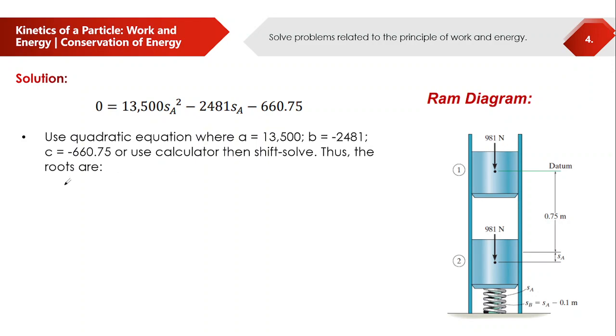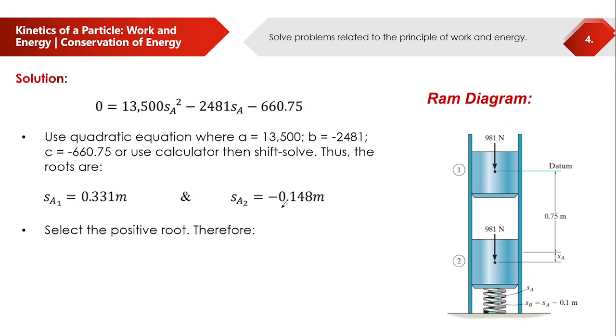Thus, the roots are: S sub A sub 1 is 0.331 meters and S sub A sub 2 is negative 0.148 meter. Select the positive root. Therefore, the compressed length at which the spring can stop the weight or downward movement of the ram is 0.33 from its original or unstretched length.